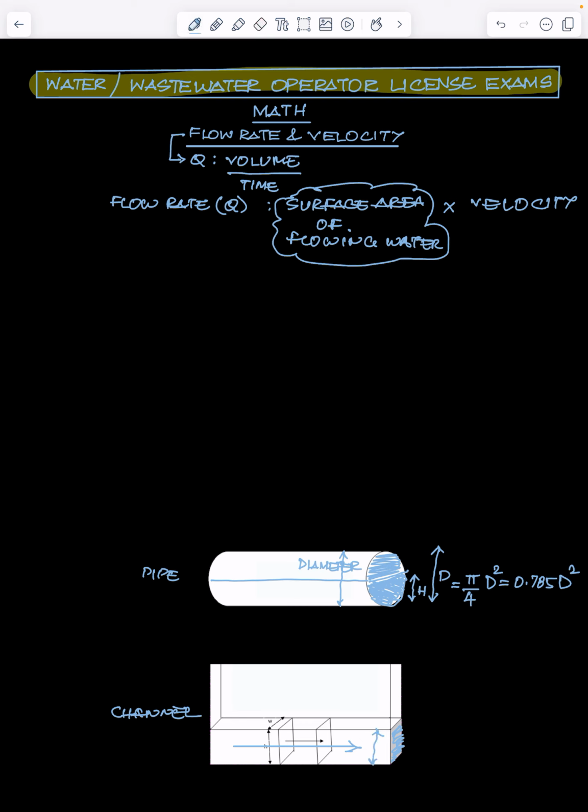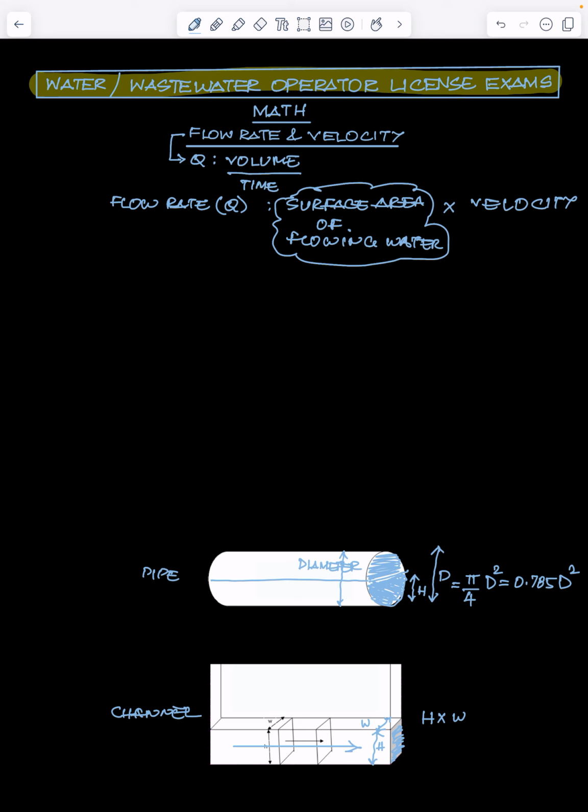So this is the height of the water. And then the other value that you'll need to calculate the surface area is the width of the channel. So for a rectangular channel, the surface area is going to be the height of the water times the width.